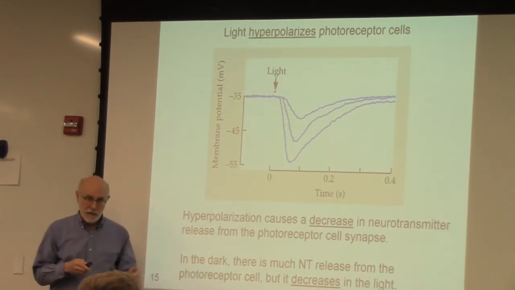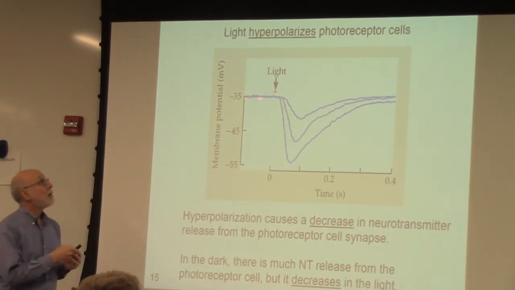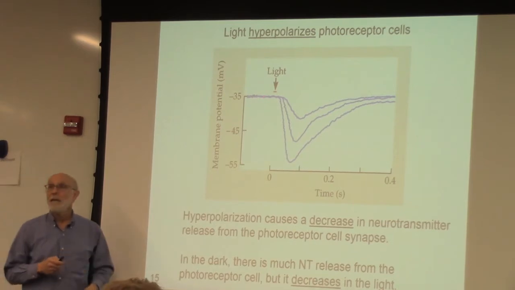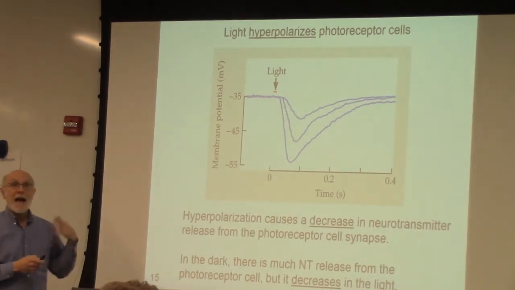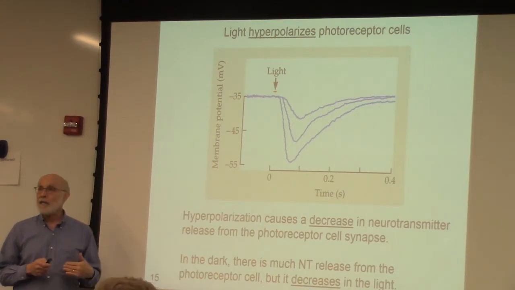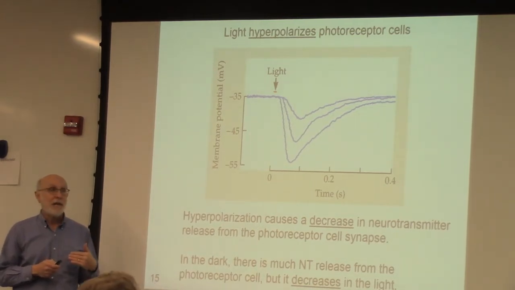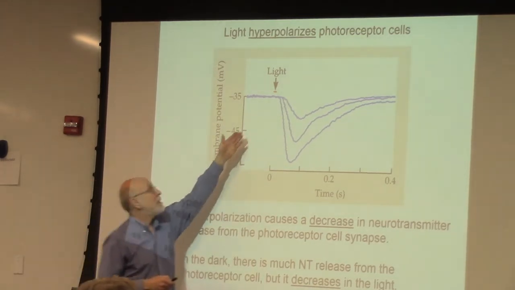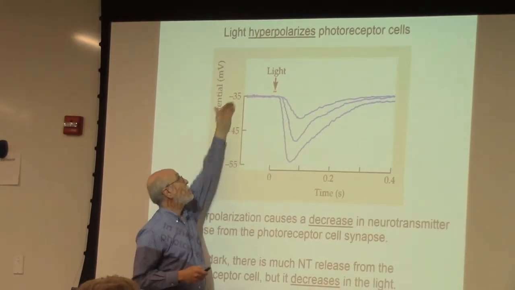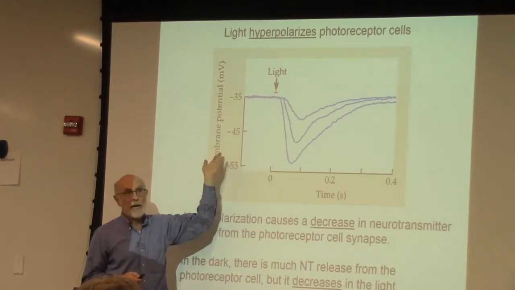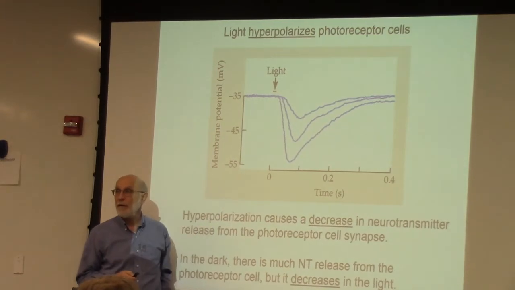When a photon of light hits it and activates that pathway, closing the cyclic GMP-gated ion channel, it causes a hyperpolarization. There it is. It goes from minus 35 to minus 55. This is actual data from a photoreceptor cell.